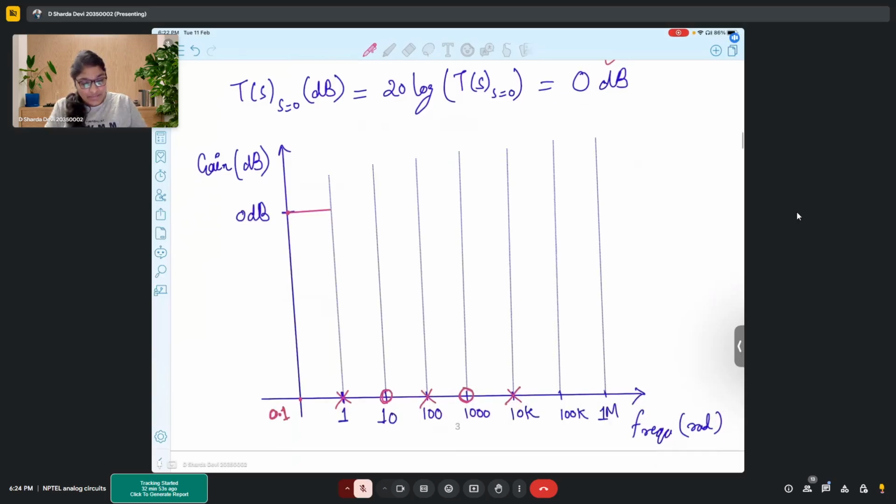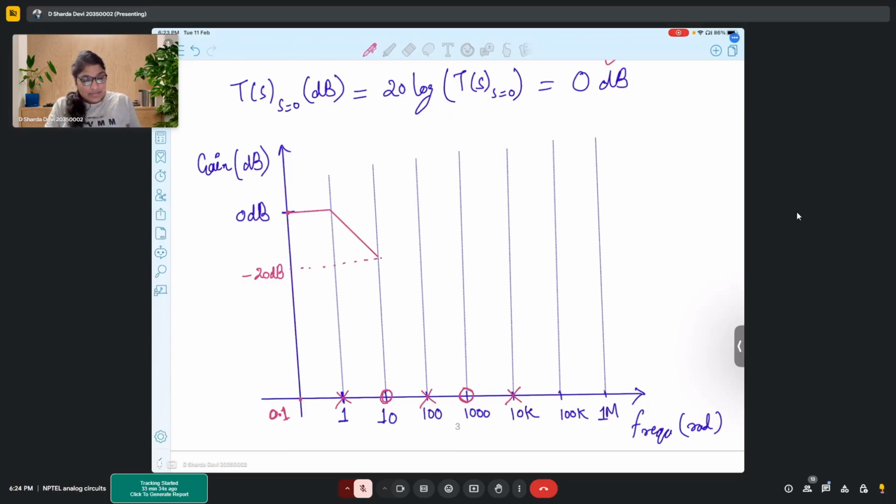That when you transit by a decade, your gain has reduced by 20 dBs. Okay, so you have transited by a decade in frequency, and your gain has dropped down by 20 dBs. So that is the idea, 20 dBs per decade. Now, similarly, if it was a zero, you would increase your gain by 20 dBs per decade.